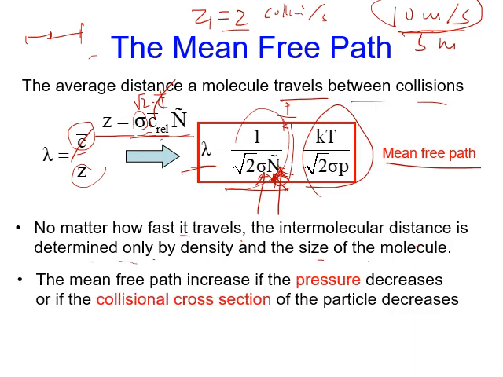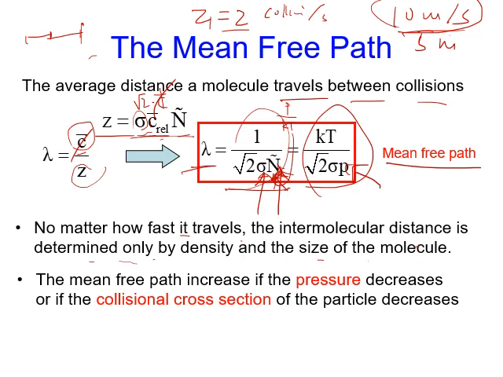So the mean free path increases if the pressure decreases. If you decrease the pressure, the mean free path increases, which is not surprising because at low pressure molecules are further away from each other, right? So longer mean free path.